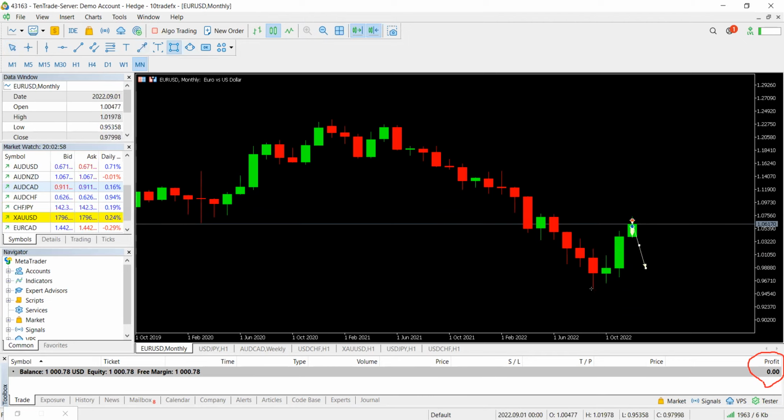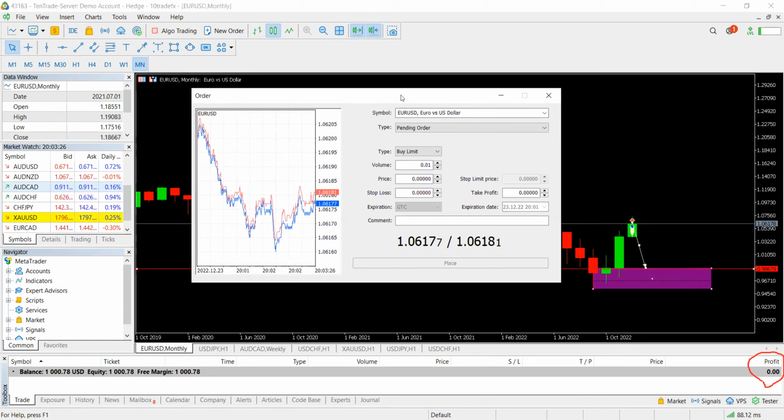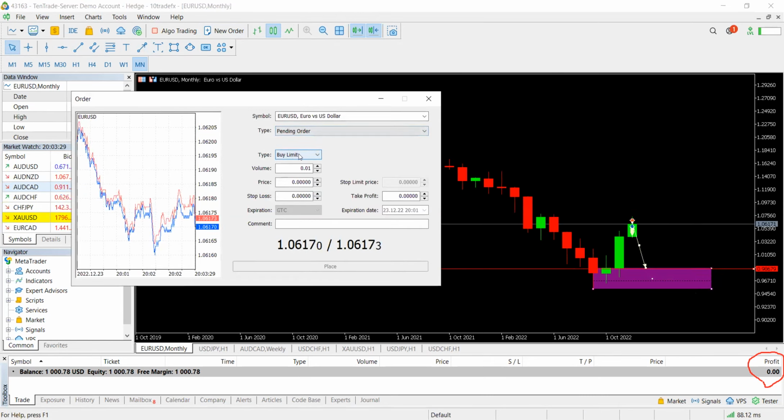So if price reverses into this zone, I want to be entered at this particular price point, where I put that horizontal line. That's the point where I want price to put me into a trade. So if price starts coming down and gets to this point, I want to be entered into the market for a buy.